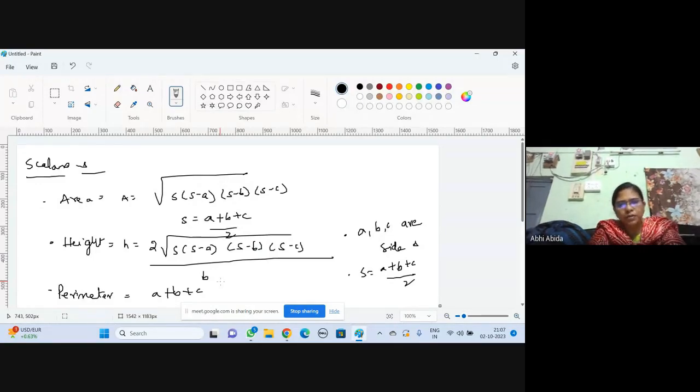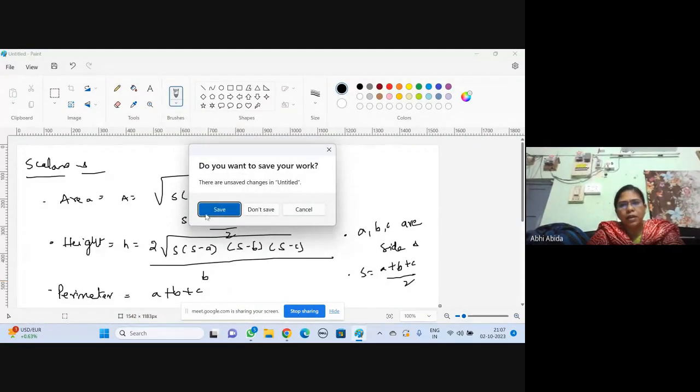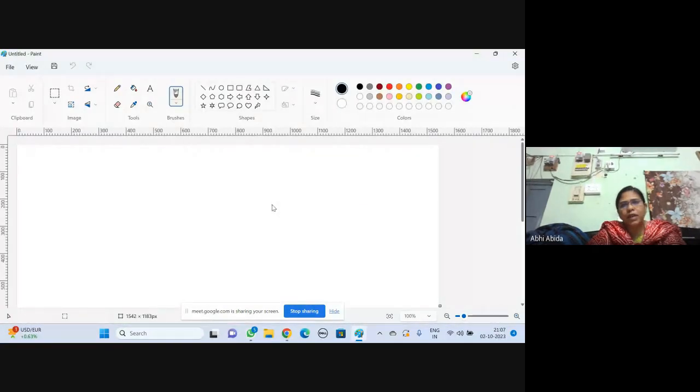Now, next thing is regarding the right angle triangle, triangles based on angles, right? I have told you there are three types of triangles based on angles. So let's discuss the right angle triangle. A right angle triangle is nothing but a triangle which has one angle equal to 90 degrees.